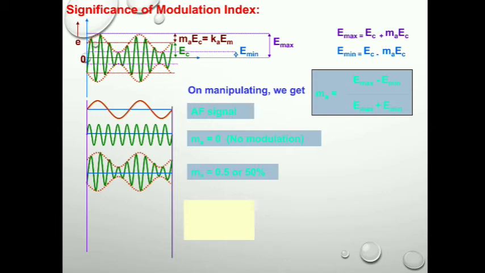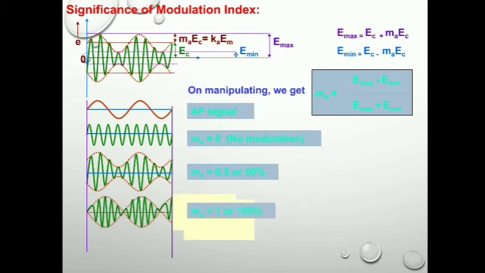So the modulation index of the amplitude modulated wave is mostly 50%. And now suppose the modulation index is equal to 1, definitely that wave is 100%, that is a perfectly amplitude modulated wave, that's why 100%.